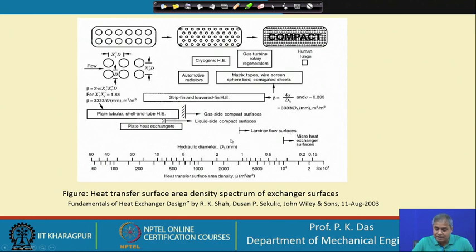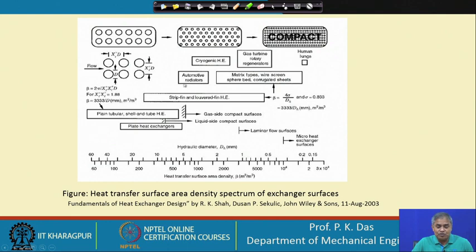And then here you see the heat exchangers. So, what we can have in this range, starting from less compactness to high compactness: plain tubular shell and tube heat exchanger, then slightly more compactness plate heat exchanger, then plate heat exchanger with different kinds of fins, strip fin and louvered fin heat exchanger.